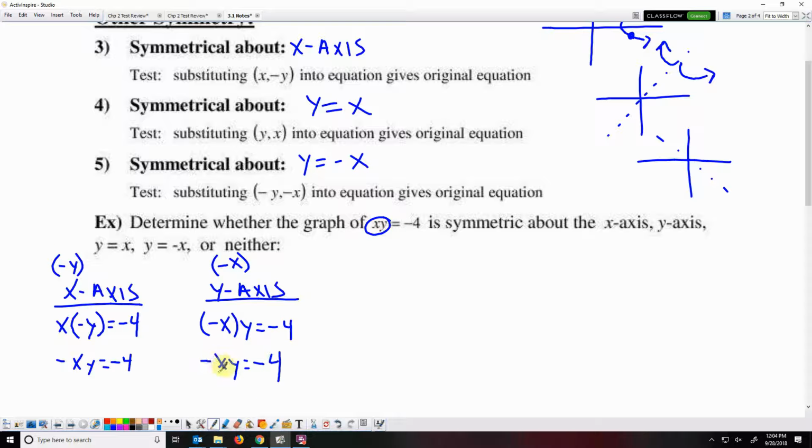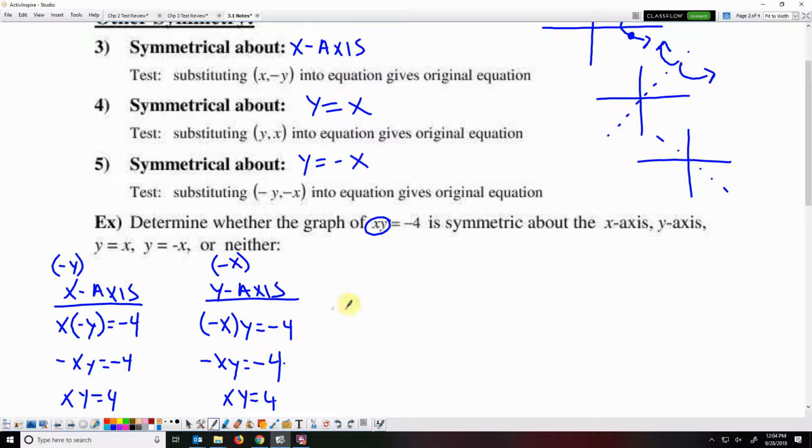But when I do that, I'm dividing both sides by negative 1, and I get xy equals 4. And here I can do the same, xy equals 4, having divided both sides by negative 1. And now I've got that xy for both of these, but I've got to get the other side to equal the same thing as the original, and it doesn't. So it equals positive 4, not negative 4. Okay, so either one of these lines here does not match that original. So it is not symmetric about the y-axis.